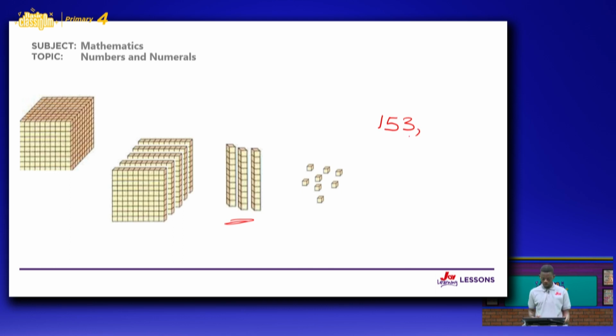And we have 8 of the units, and we said that the unit represents hundreds, so we have our 800 over there. So for this representation, we have 153,800.